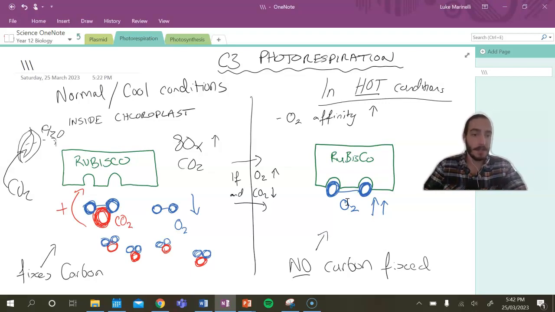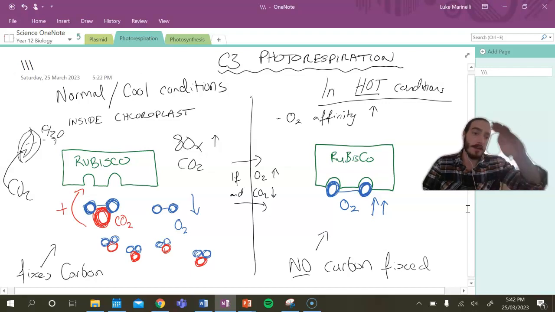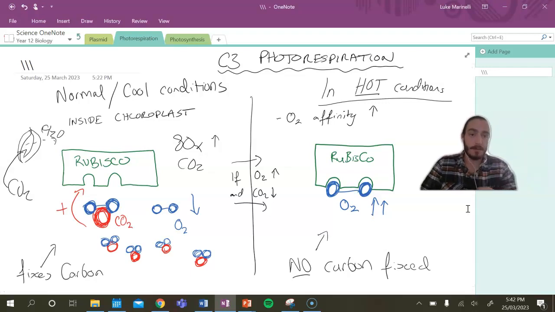Okay, the efficiency goes down a lot because suddenly our Rubisco can't bind to carbon dioxide. We're getting no carbon that we can then use to make glucose, which remember has 6 carbons, 12 hydrogens, and 6 oxygens. We need those carbons to make glucose, to make that sugar, and we can't. Okay, so this is what photorespiration is. Rubisco binding with oxygen rather than to carbon dioxide.